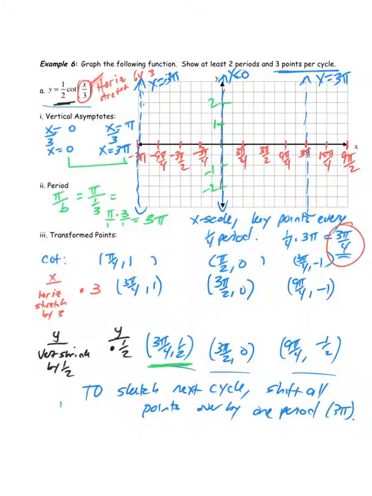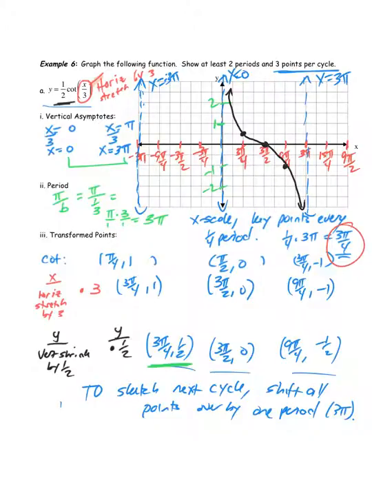And now let's sketch our graph. So 3 pi over 4, 1/2. It's right there. 3 pi over 2, 0. 9 pi over 4, -1/2, and then sketch a nice smooth curve in the shape of cotangent approaching the vertical asymptotes, and then we can repeat this over in the next period.